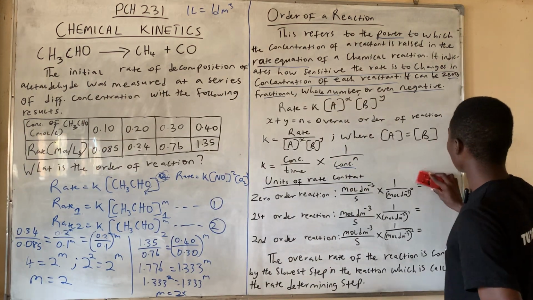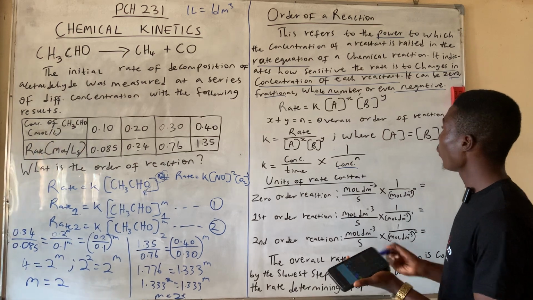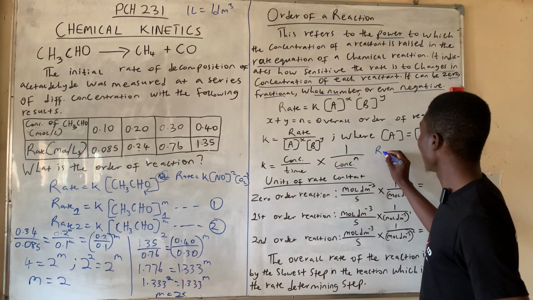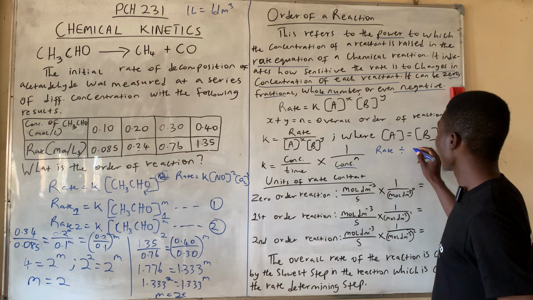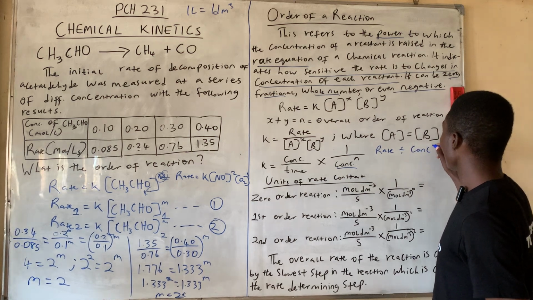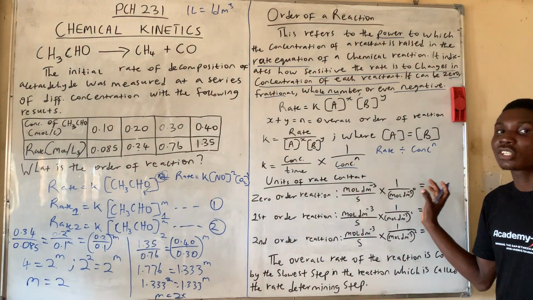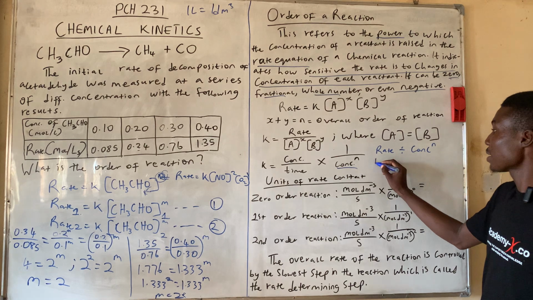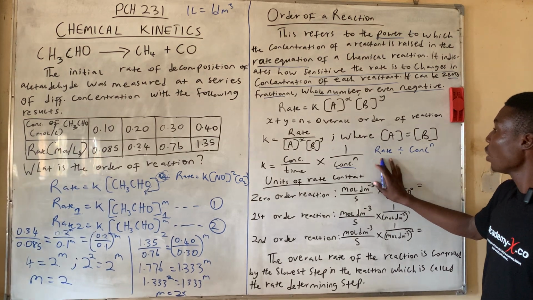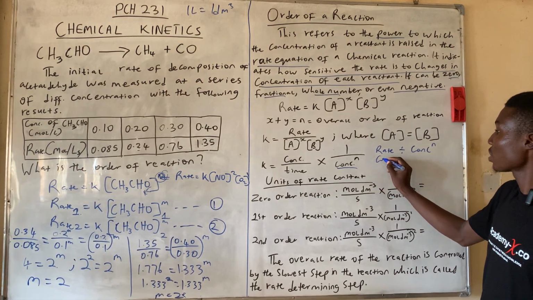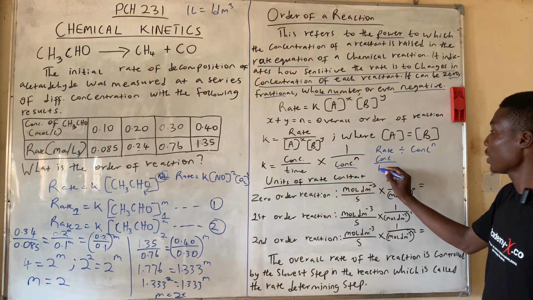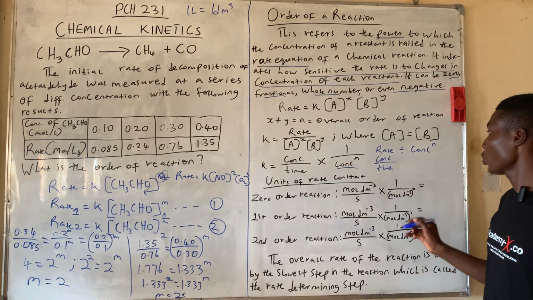let me now go further and also talk about this. What we have here now is rate divided by concentration raised to the power of n. I've shown you how we got concentration raised to the power of n. And what is rate? We already know that rate is change in concentration over time.